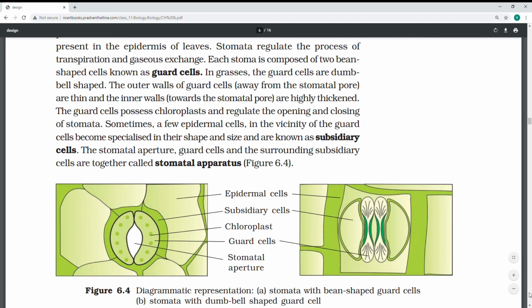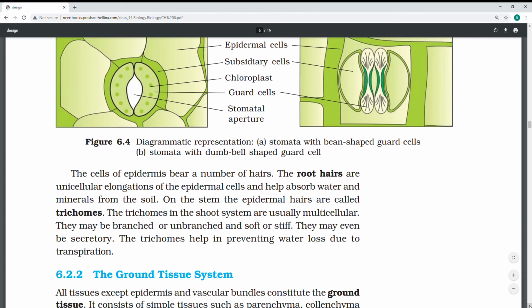Guard cells swell up when water moves from other cells into the guard cells, and since the inner walls are rigid, they bend and the pore opens up; otherwise the pore decreases. In the absence of sunlight, they shrink, because there is no photosynthesis in the guard cells. There is a lot to write about stomata. The complete structure is called the stomatal apparatus.